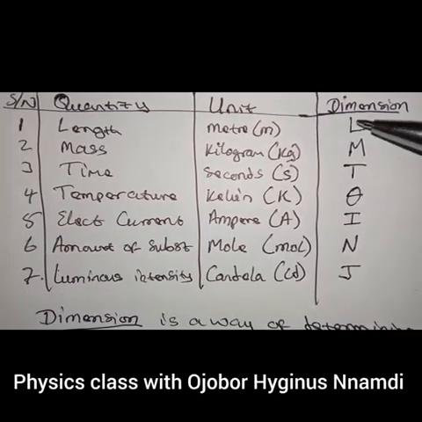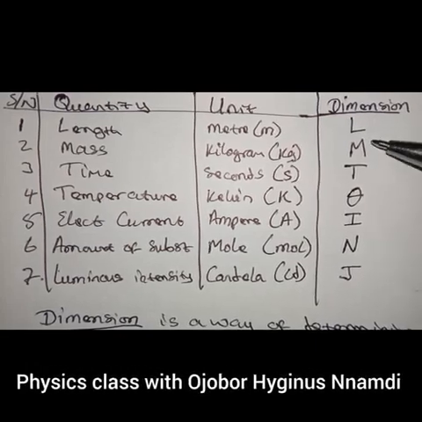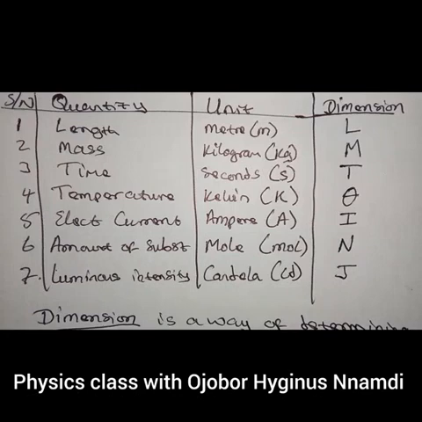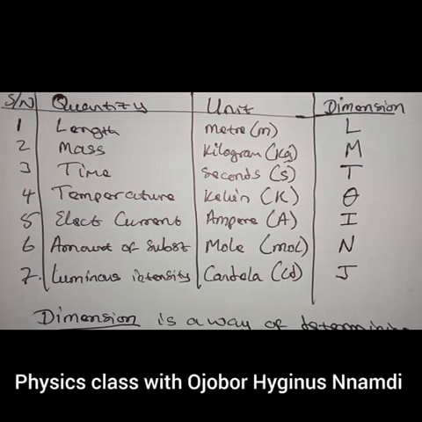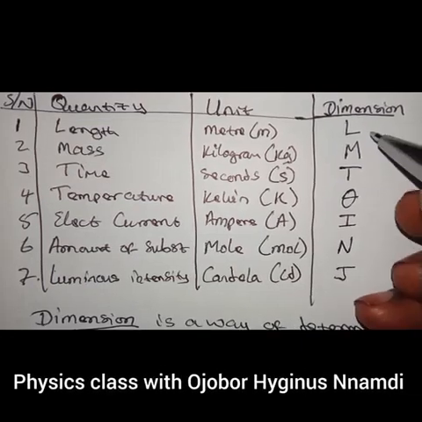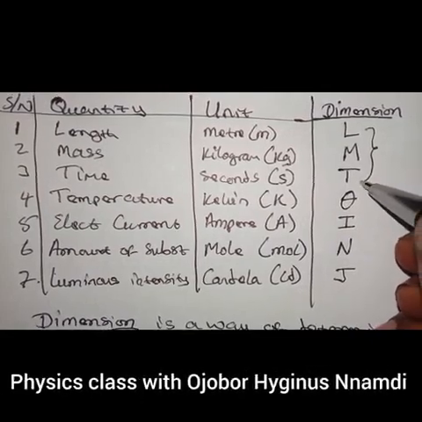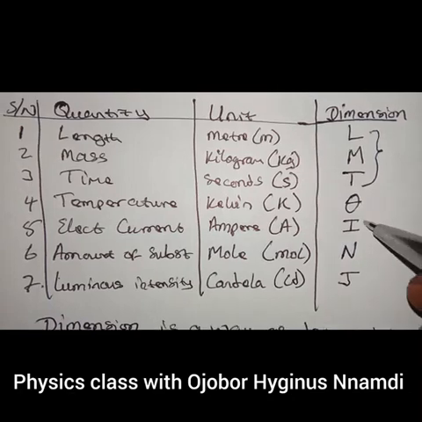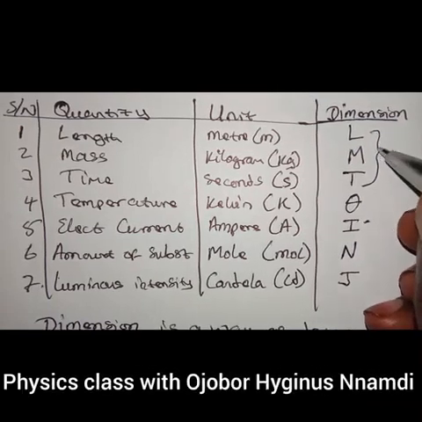So if we know the basic dimensions of the fundamental quantities, we can use them to get the dimensions of derived quantities. But you will realize that most of the questions, especially at the level of WAEC and JAMB, will cover these three. Sometimes they will include current, but most times the derived quantities will cover these three.